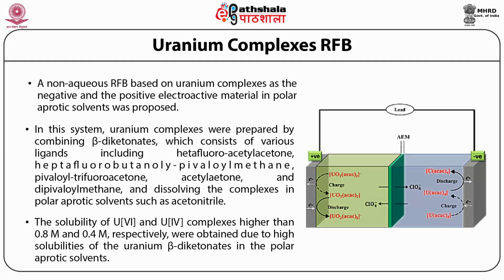The solubility of U6 and U4 complexes higher than 0.8 molar and 0.4 molar respectively were obtained due to high solubilities of the uranium beta diketonates in the polar aprotic solvents.